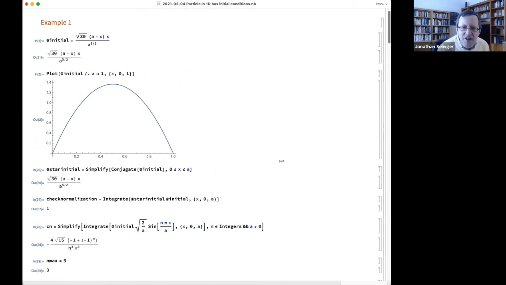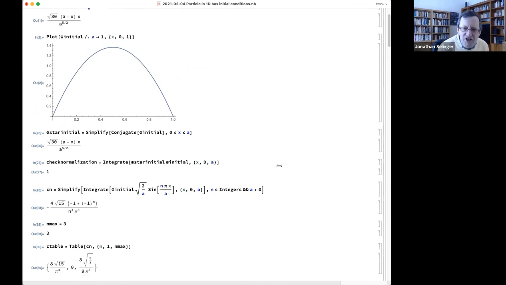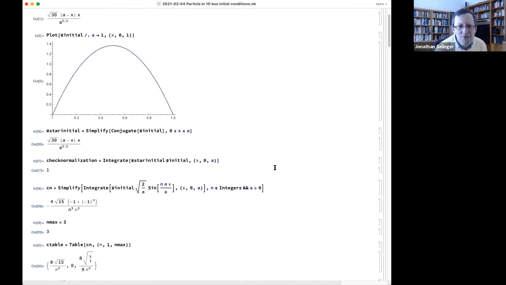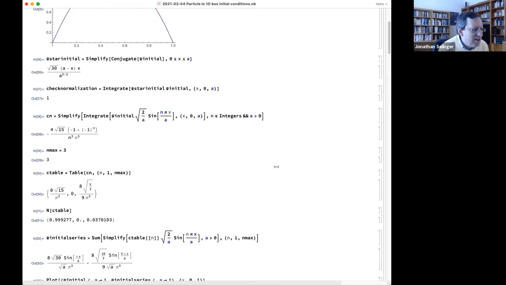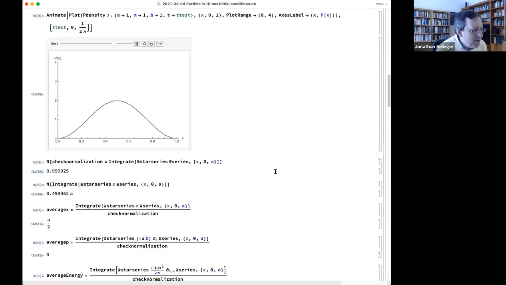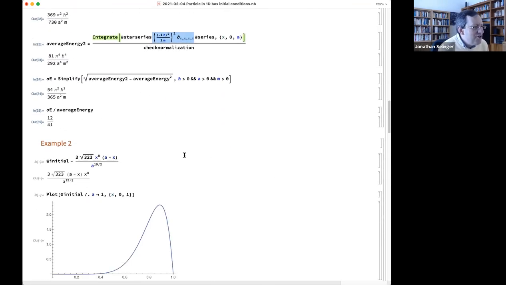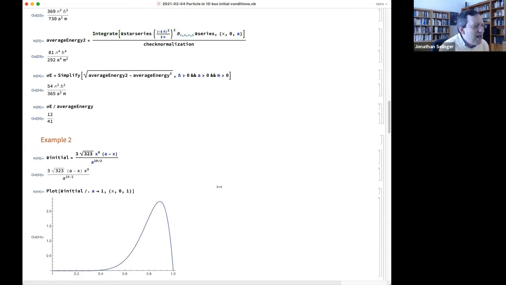Let me show you another example where the initial state is not so close to one of the pure states. So, where's my example 2? Okay, example 2. So here, I made up a function: x to the 8th times a minus x.